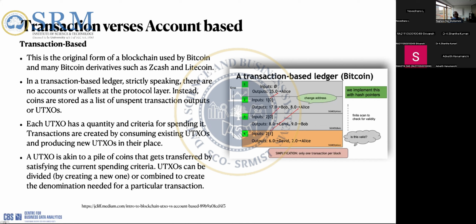We said that account-based ledgers are quite bad for cryptocurrencies because with an account-based ledger, you have to go and verify everything until the Genesis block, to see which transactions were made into this account, which transactions deducted money from this account, and things like that.